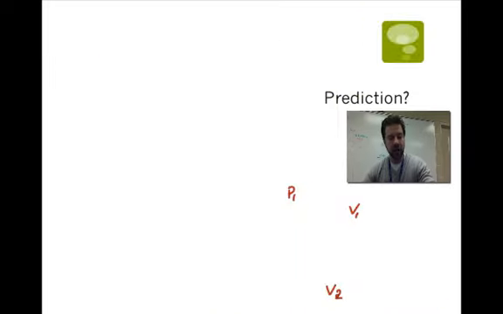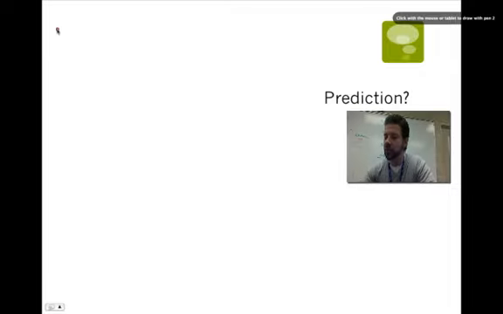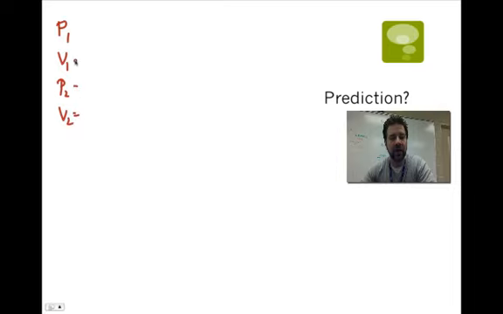So let me clear this off the screen here. What we're going to do is make a table of known values whenever we do these types of problems: P1, V1, P2, V2. These are all of the variables that are necessary to solve one of these types of problems. Okay?